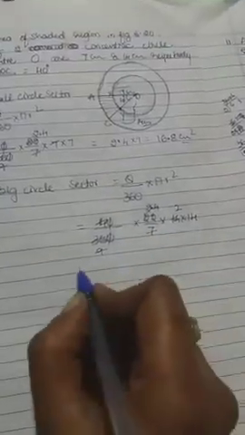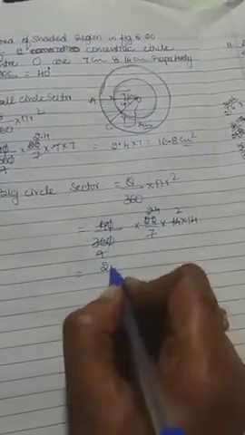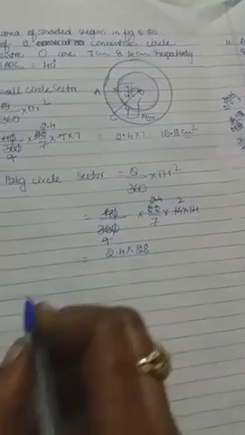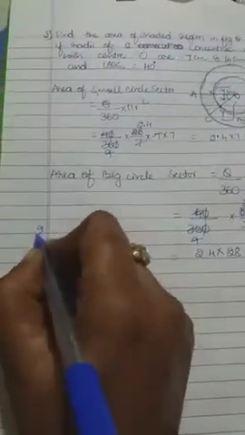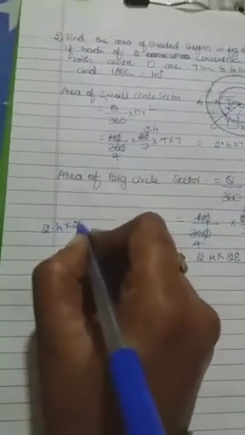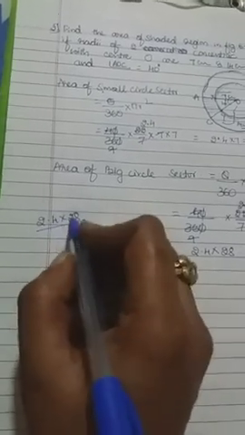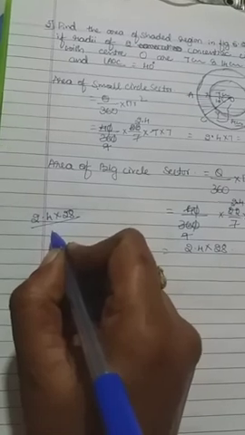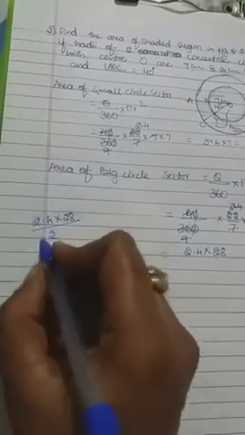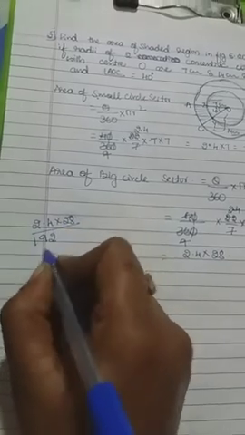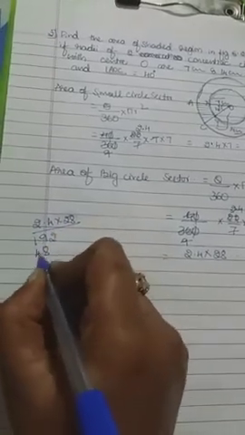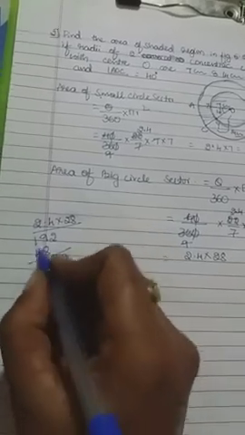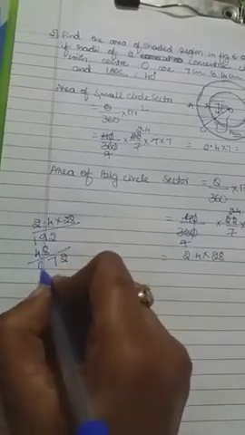Let's multiply here. So we got finally 2.4 into 14 twos are 28. Let's multiply 2.4 into 28. Later we can put a decimal, no need to think about the decimal now. 8 fours are 32, 3 carry, 8 twos are 16 plus 3 is 19, 2 fours are 8 and 2 twos are 4, 9 plus 8 is 17, 1 carry, 1 plus 1 is 2, 2 plus 4 is 6.